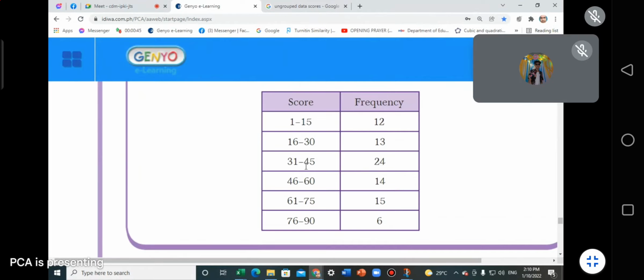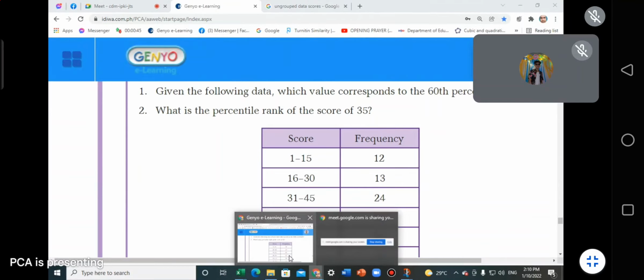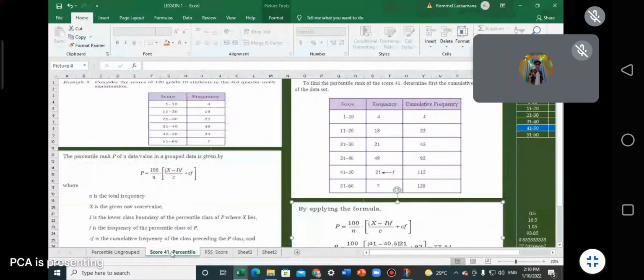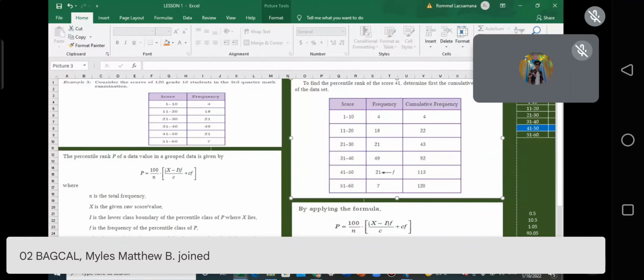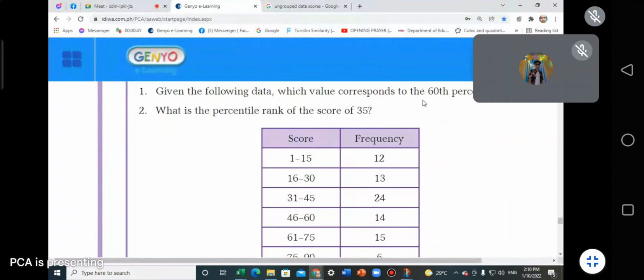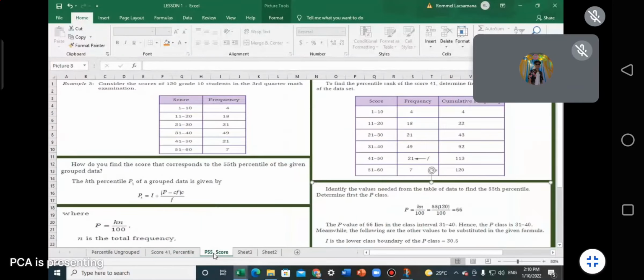So for number one, it's like having the 40, it's reversed. Okay, 60th percentile. Like the last discussion, it's like having the 55th percentile rank, but we do not have the score. So find out the score.